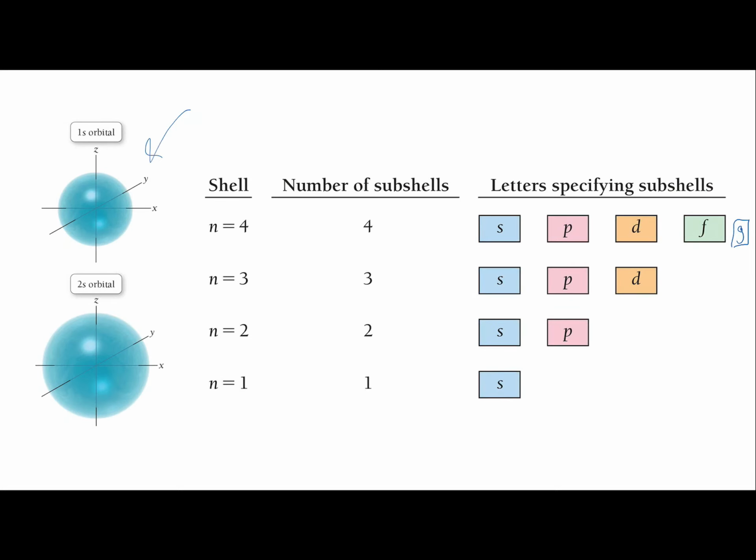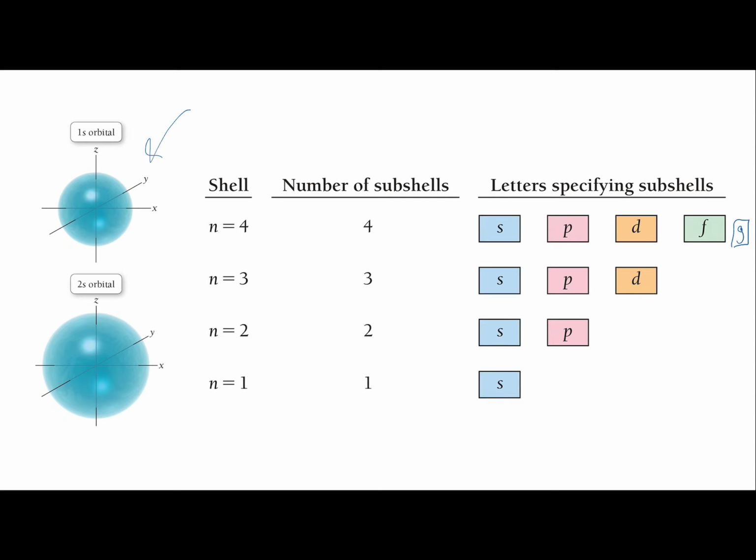Since they both are s subshells, they have the same shape. But because the 2s orbital is higher in energy, you can see it is also bigger in size. That being said, all of these orbitals are going to contain inside them the lower energy level orbitals. Our atoms are all spherical, we think.